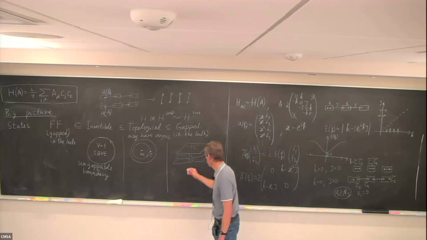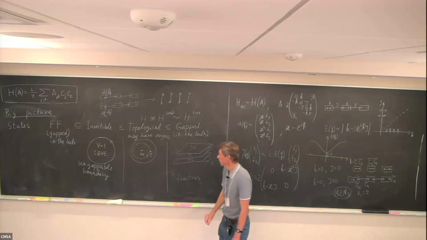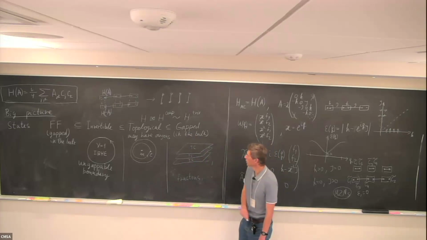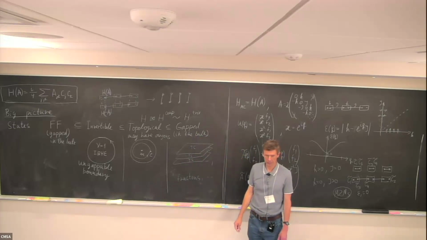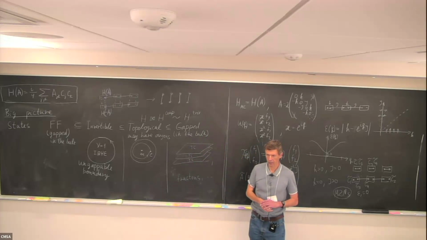So this is a non-topological thing, and another example, a generalization of that example, is called fractons. So there are many things, and they have some wild behavior in general. They're difficult to study.